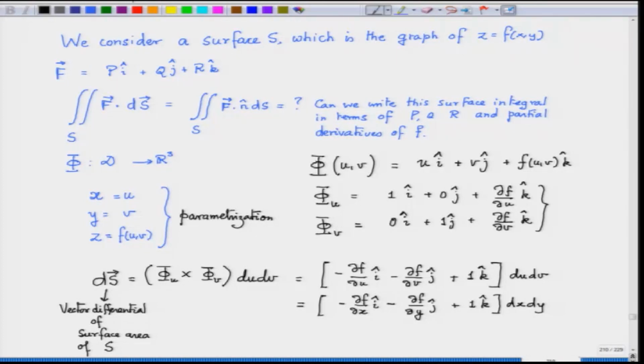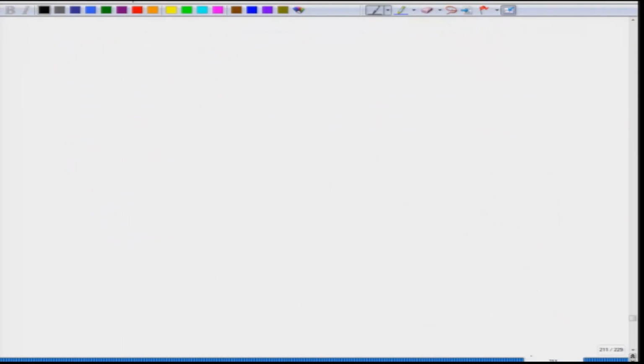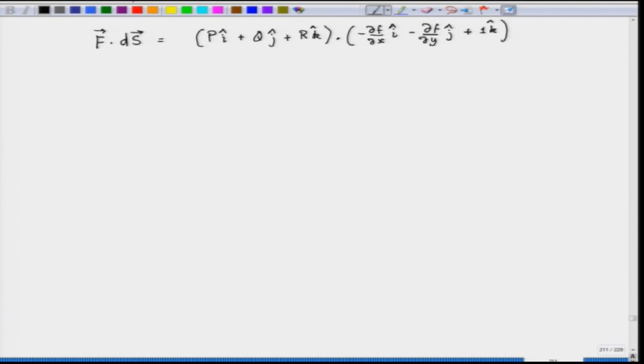So, now what is my F dot dS? This is nothing but P i vector, Q j vector plus R k vector, dot product with minus del f del x i vector minus del f del y j vector plus 1 into k vector dx dy.